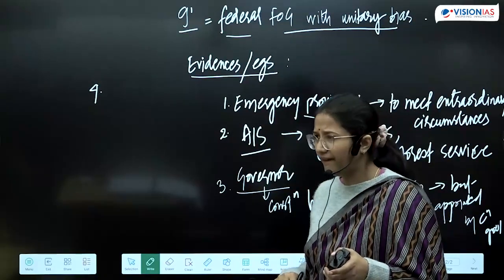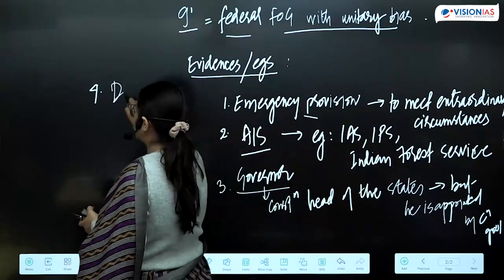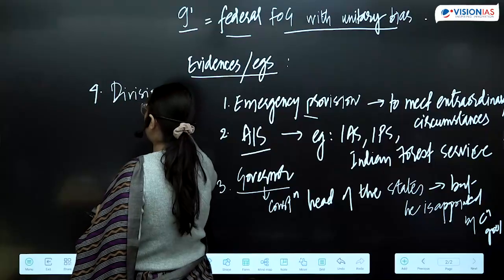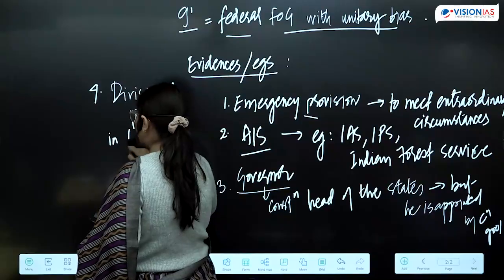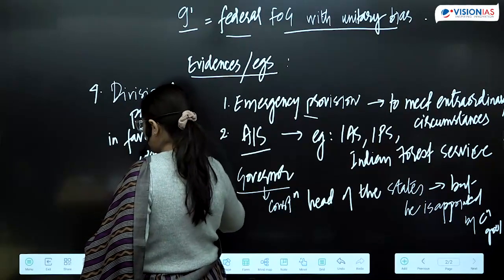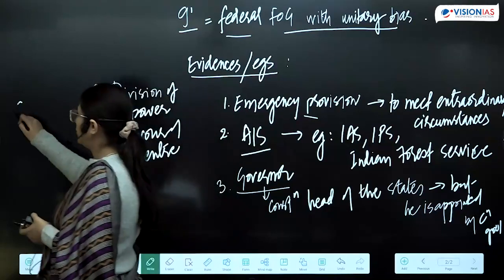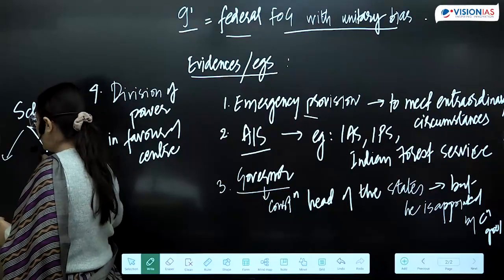Sorry, residual power and concurrent list, both of them are talking about this division of power, which you find is in favor of the center. Yes, I've already mentioned something known as the Schedule 7. The Schedule 7 comprises 3 lists.